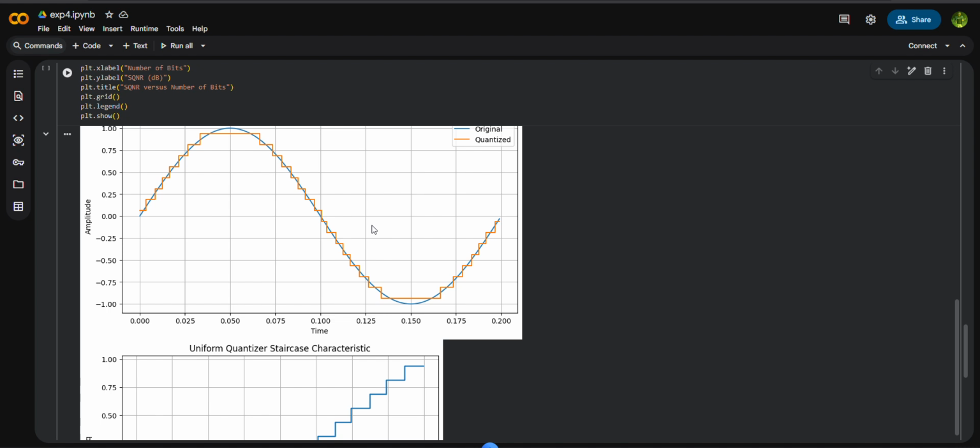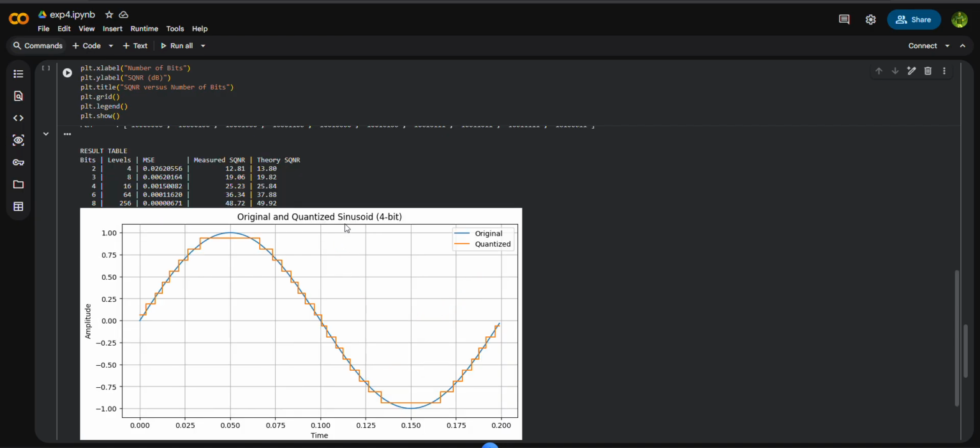Therefore, each quantized sample is represented by an n-bit PCM word. In our program, we also perform a validation check to make sure that every PCM word has exactly the required number of bits. So for a 4-bit system, every code word must contain exactly 4 bits.